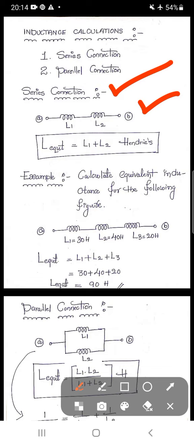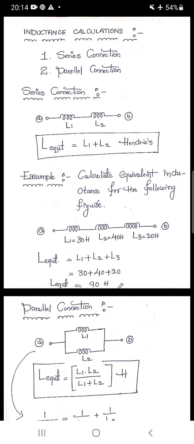Whenever two inductors are connected in series, to find the equivalent inductance you can directly add the two inductances: L equivalent is equal to L1 plus L2. This is the solution if two inductors are connected in series.